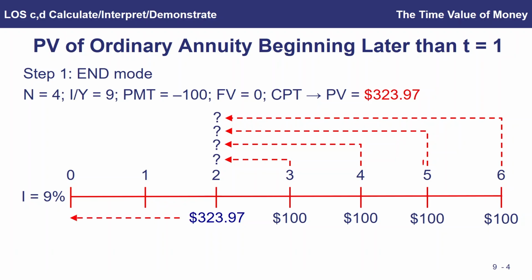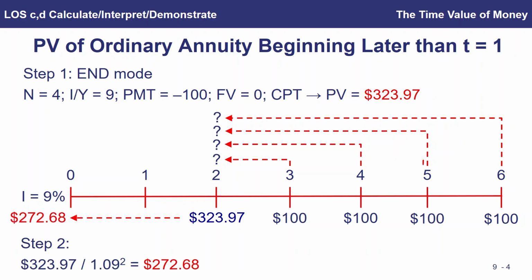So you could do that by 323.97 divided by 1.09 squared, or as I prefer to do it, 323.97 times 1 over 1.09 squared. I'll do it that way, and we'll just check we get the right answer.